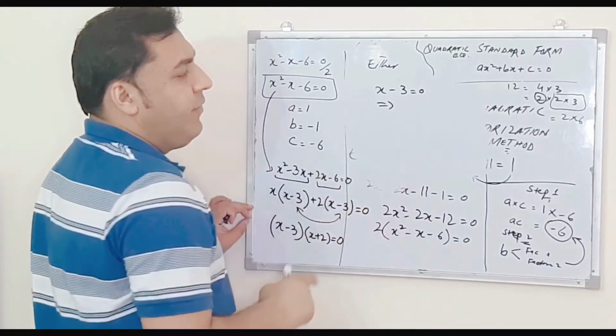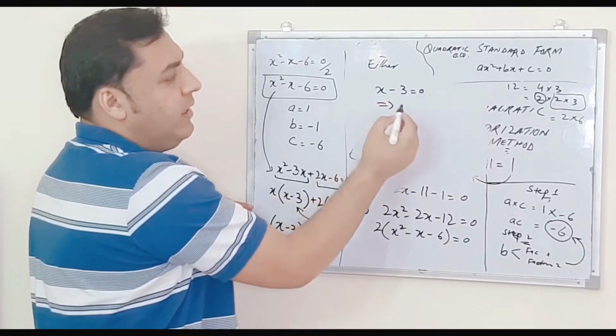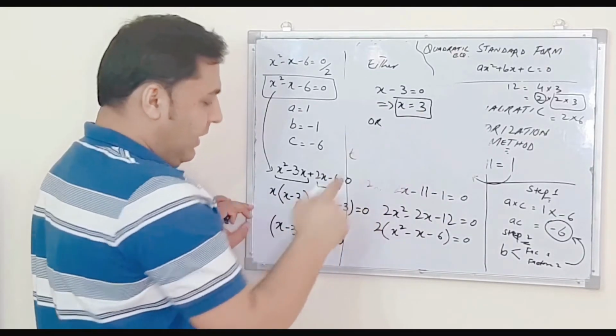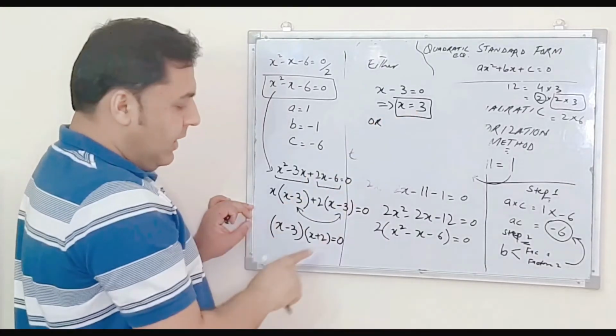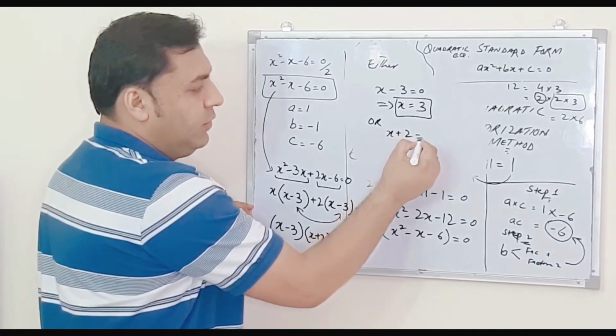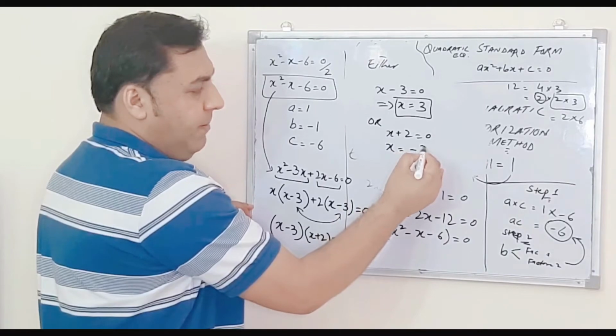This implies, if I solve it for x, this 3 I will move to the other side, so x equal to 3. Or this term is equal to 0, x plus 2 equal to 0. When I move it to the other side, x will become minus 2.